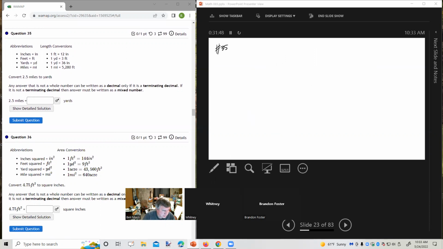All righty, continuing on to number 35. Convert 2.5 miles to yards. With the information given, I can't go directly from miles to yards, but I can go from miles to feet and feet to yards. So that's going to be my road map. 1 yard is 3 feet. 1 mile is 5,280 feet.